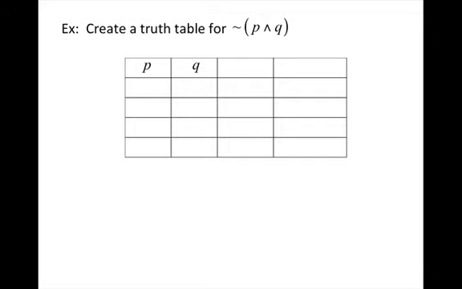Always begin with P and Q. Now take care of what's inside the parentheses. I have a P and Q. And then finally, after I find P and Q, I'm going to take the negation of that. So I need a column for not (P and Q). So the basic truths for P and Q: P is true, true, false, false. Q is true, false, true, false.